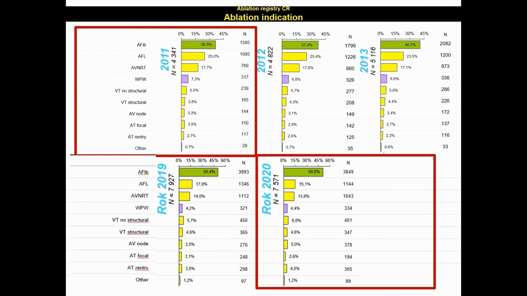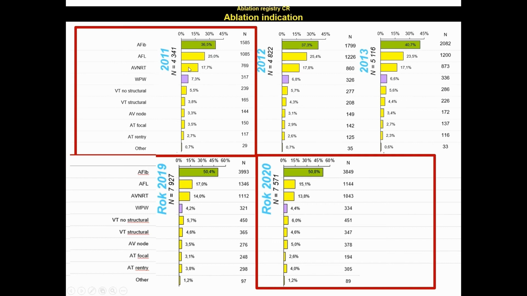The registry is online, so we can compare our data from 2011 and 2020. In 2011, the main indication was also AFib, but only 66%, and nowadays it is almost 51%. Atrial flutter was 25% and decreased to 15%, but the absolute numbers are still going up.